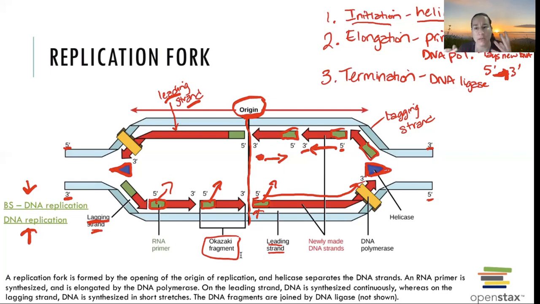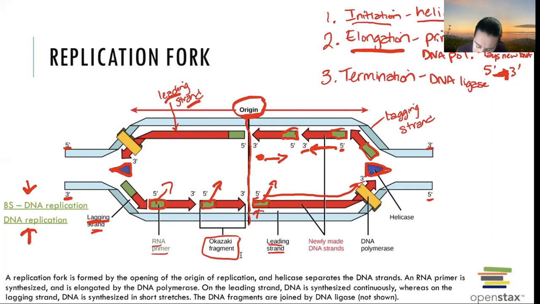What do we do now? Now we need to elongate and lay down new DNA. So elongation is step number 2, and it is laying down new DNA. We can't lay down new DNA without a primer. So primase is the part that is going to lay down the RNA primers in green, and those give a place for the DNA pol to attach. DNA pol is going to lay down new DNA.